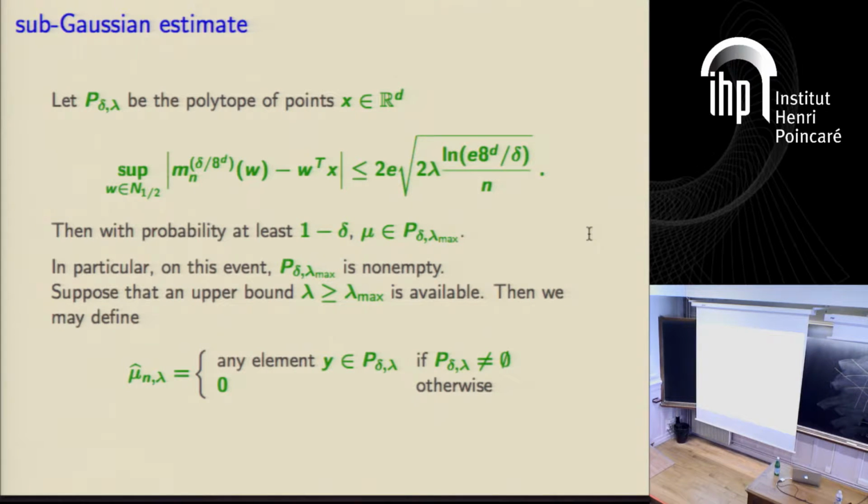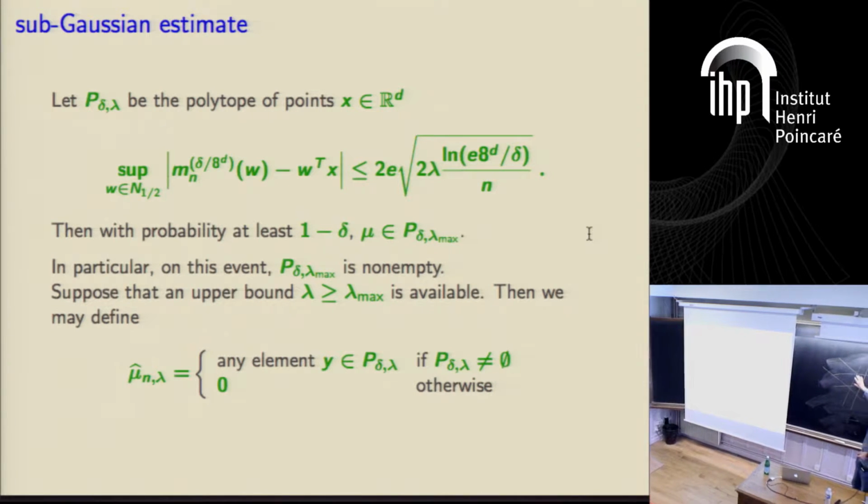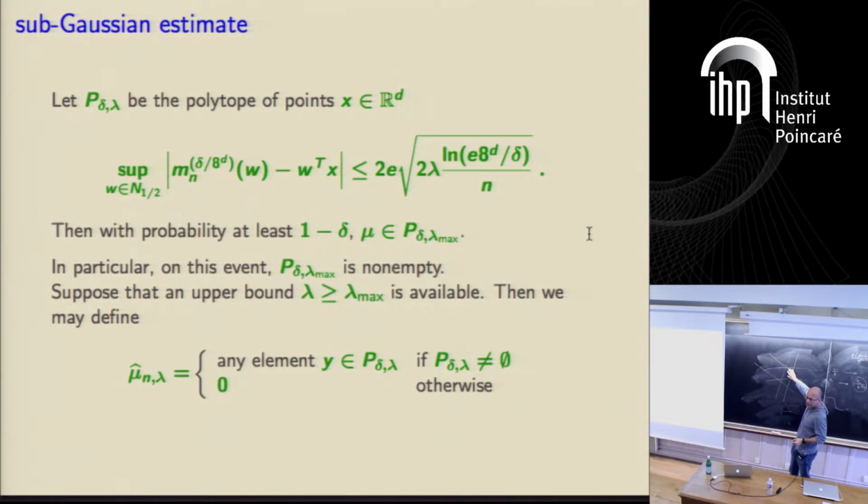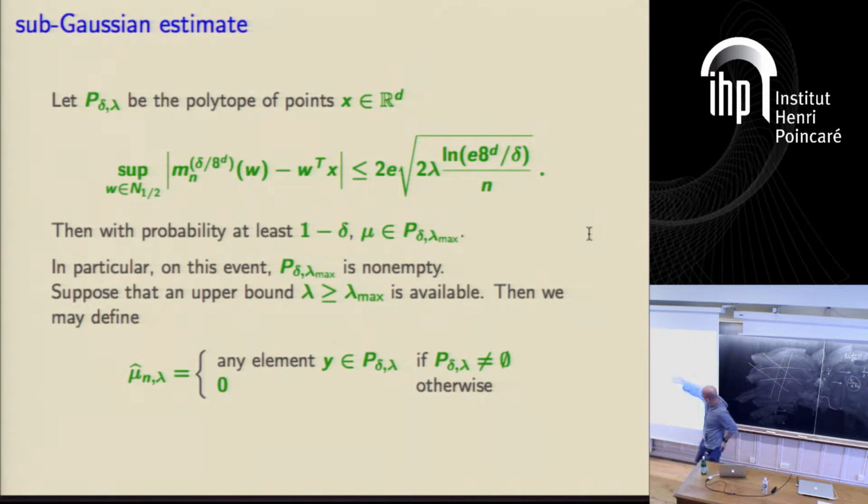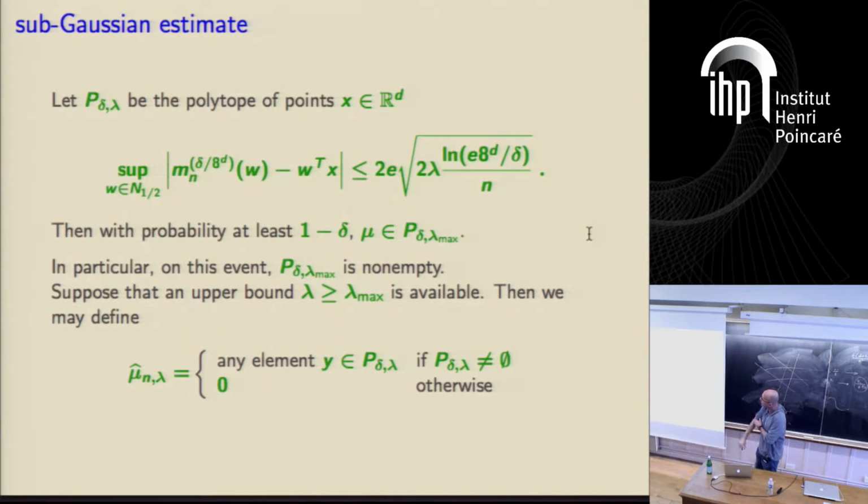Okay? So we have a polytope, which is the intersection of all these. And we know that with probability 1 minus delta, the true mean is in that polytope. Okay, so this is the polytope that's defined by all these stripes. Yeah, so far so good. So these are just the confidence bands that we get in each direction.